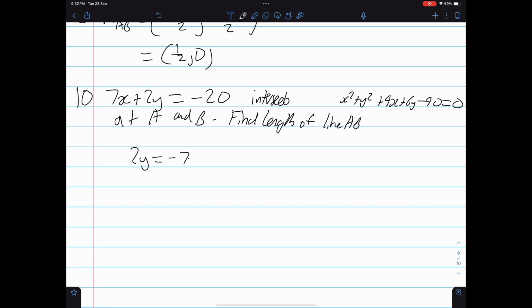2y equals minus 7x minus 20. y is equal to minus 7 over 2 x minus 10.